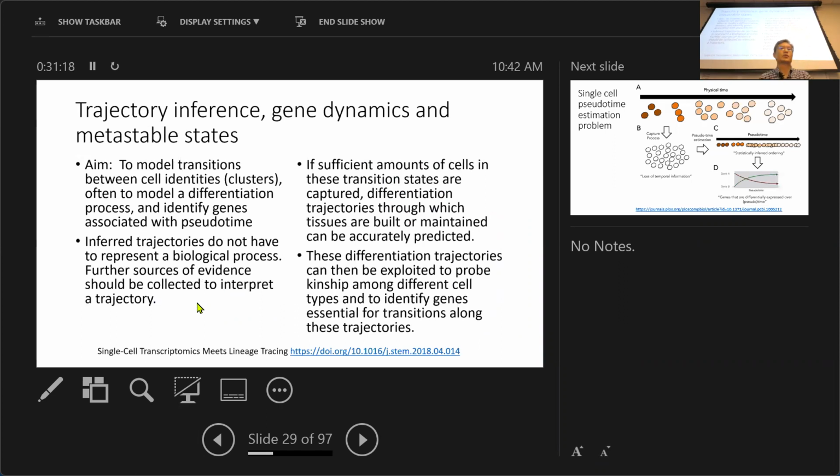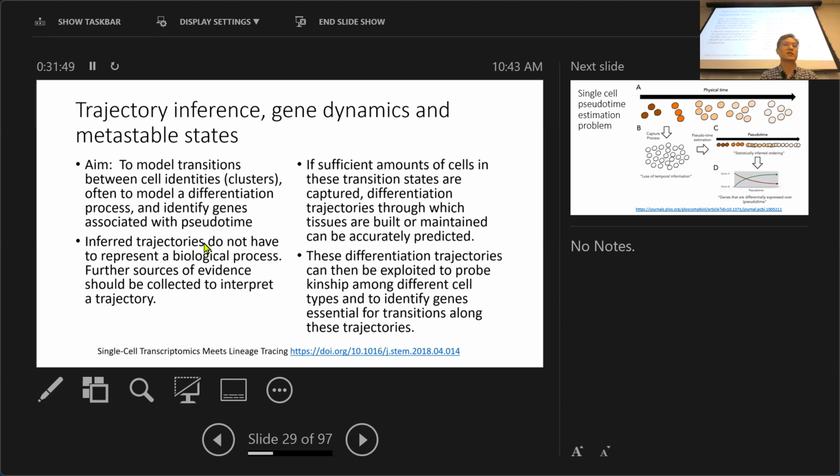So the goal is to model the transition between cell identities. Sometimes you have one cell transform, differentiate into another, or you can model the differentiation process and identify the genes. After you construct this trajectory, you can look at gene expression across time in these different cells, and we find that one gene increases its expression while another decreases.